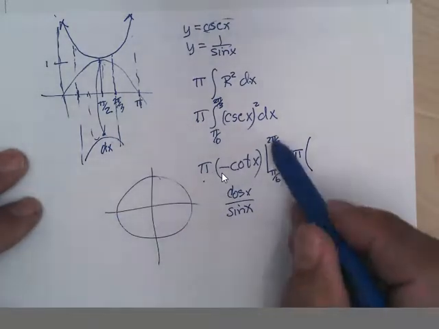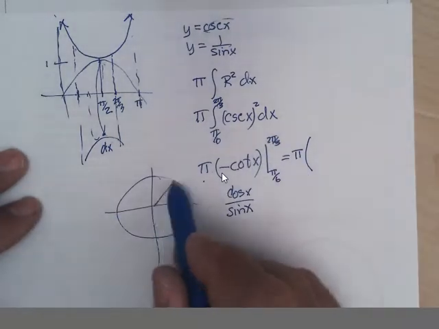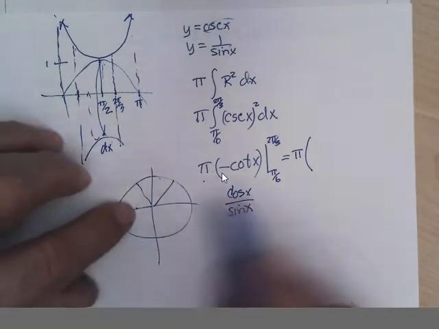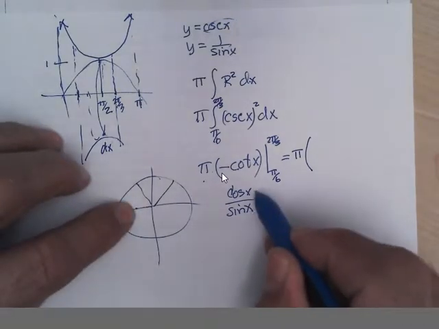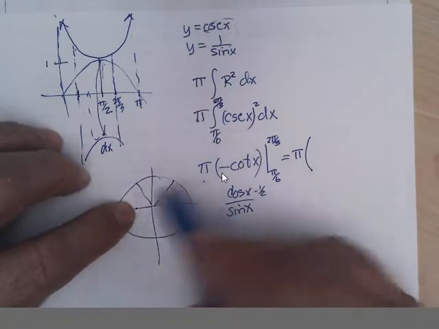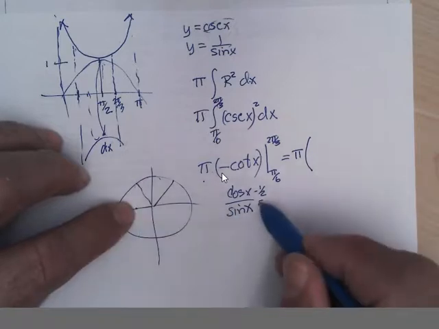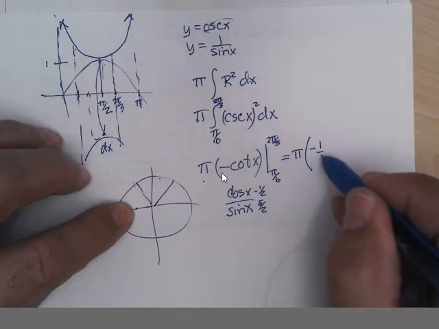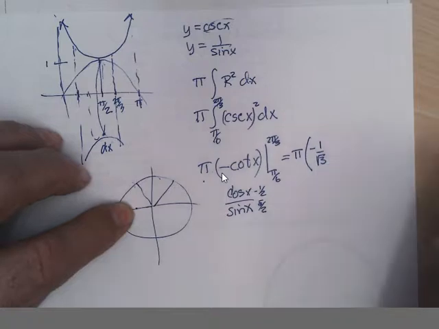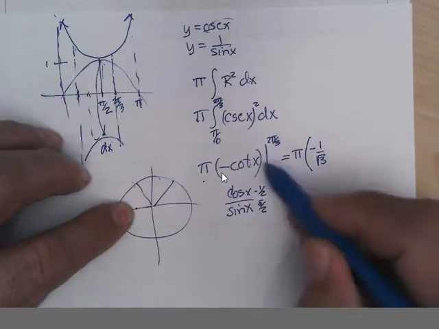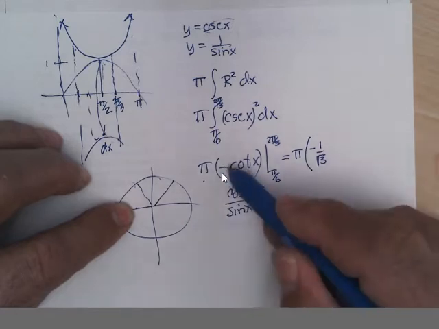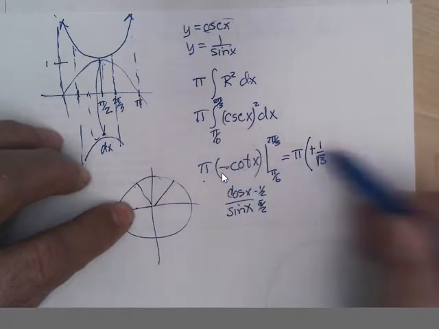Cosine of 2 pi over 3, 1/3, 2/3, cosine is negative 1/2. Sine is square root of 3 over 2, so that's minus 1 over the square root of 3. Putting that in there, and it's minus already, so that makes it plus.